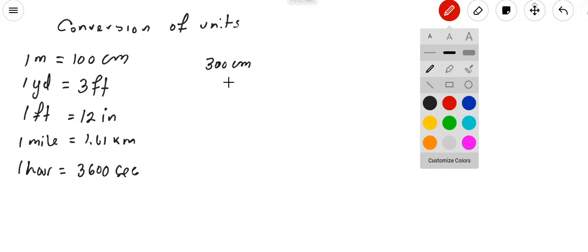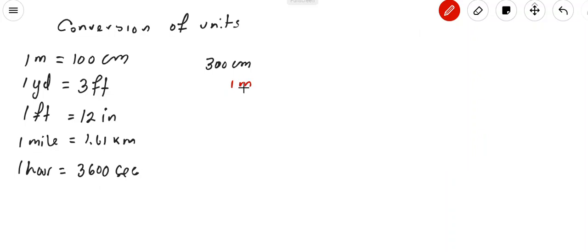I can say that 1 meter is to 100 centimeters, or I can say that 100 centimeters are to 1 meter, right?